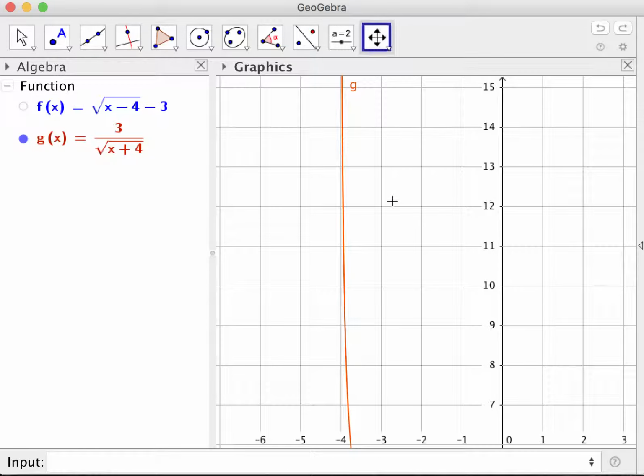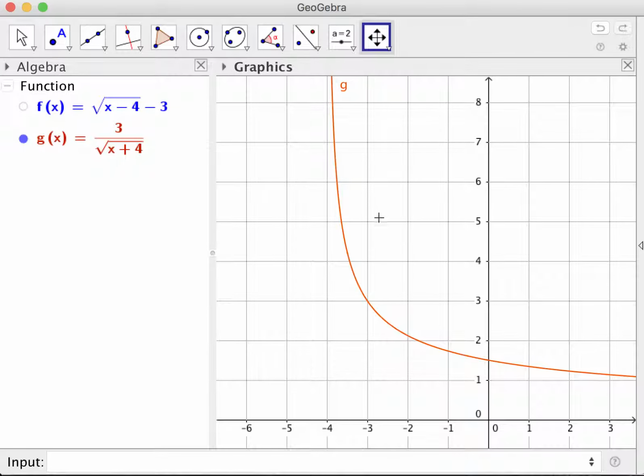Nahulaan nyo ba? Because x cannot be equal to negative 4. Didikit lang yan dito sa line na to pag ang x mo negative 4. Kaso, pag nag-negative 4 ka, tignan mo yung equation. Pag nag-negative 4 ka dito, negative 4 plus 4, 0. 3 over 0, undefined siya. So, actually, hindi siya nagpa-pass through dito sa line na to.